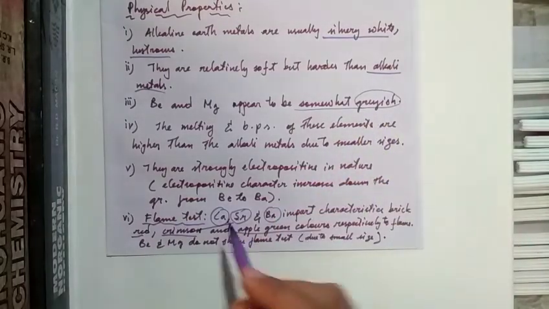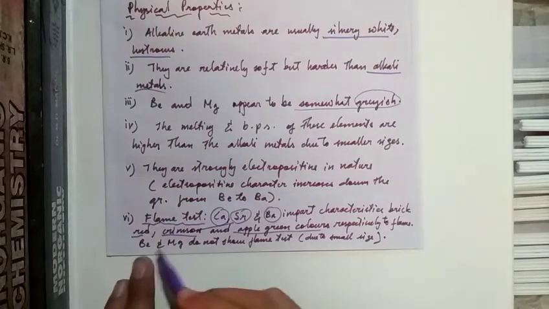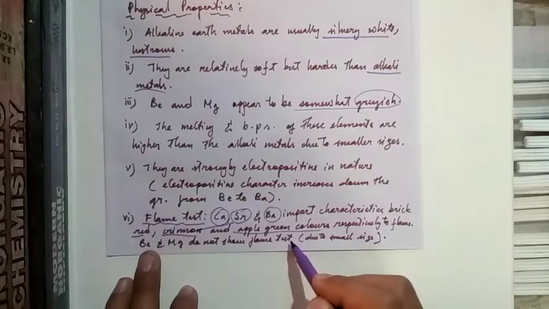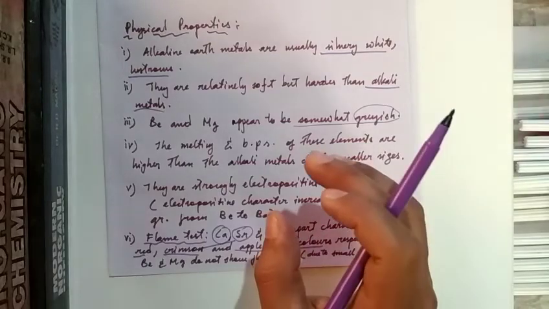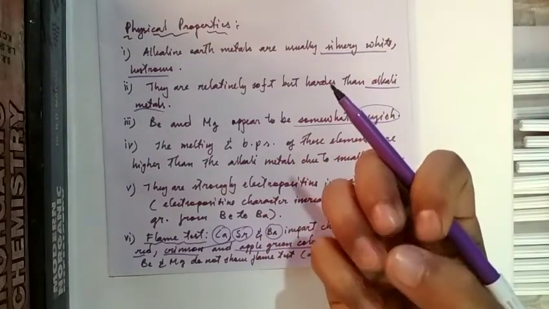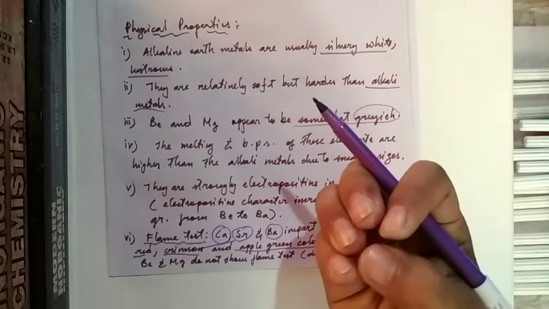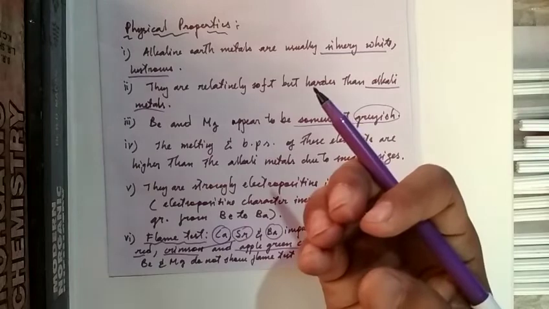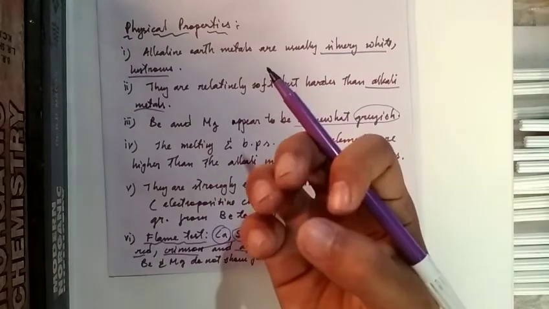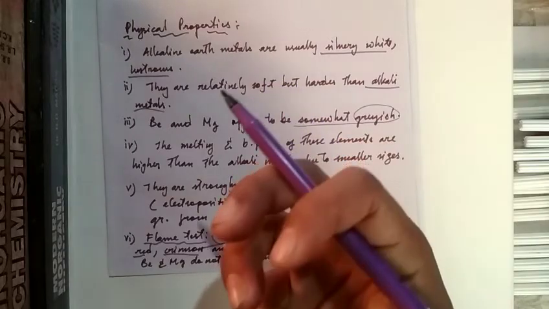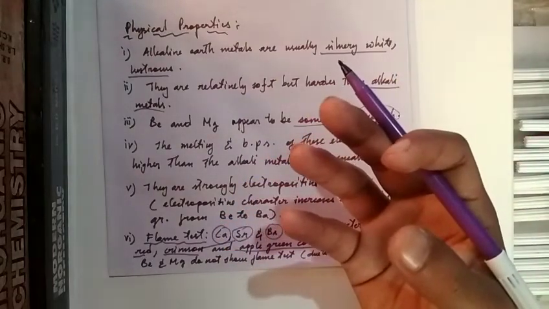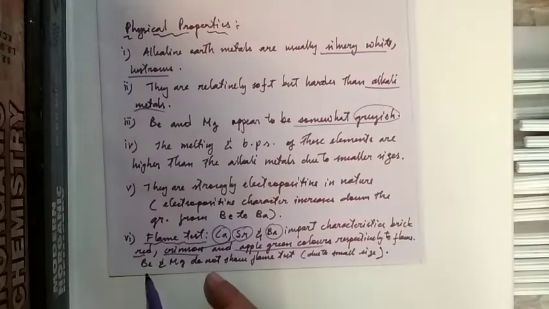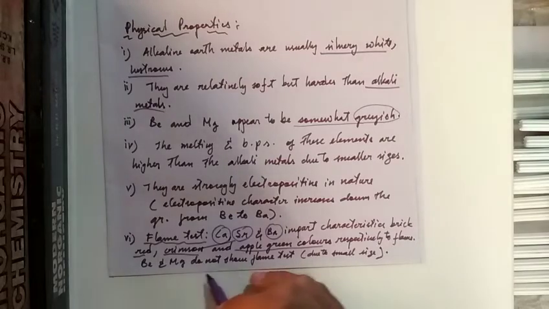So in the flame test they show these colors, but Be and Mg do not show a flame test because of their small size. When it is small, the electrons are closer to the nucleus and tightly bound, so it is difficult to excite the electrons of beryllium and magnesium. That is why they do not show a flame test.